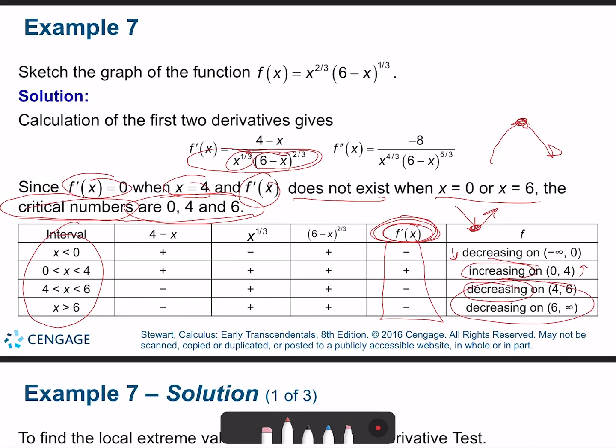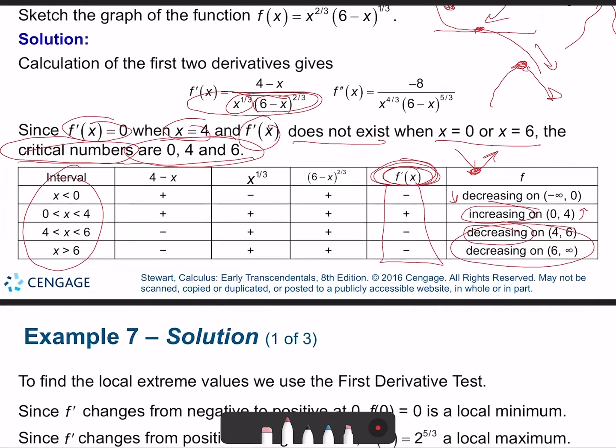Decreasing to decreasing, I'm walking downhill, and I get to take a rest at this point where it just so happens to be flat for an instant, and then I'm decreasing again. So changing from decreasing to decreasing is not a very eventful point. Good spot to take a rest, take a picture, maybe take in the view. But not a maximum or a minimum.